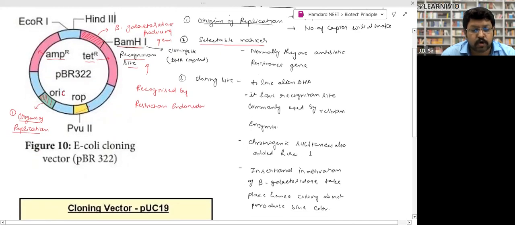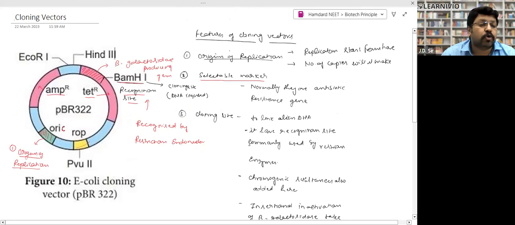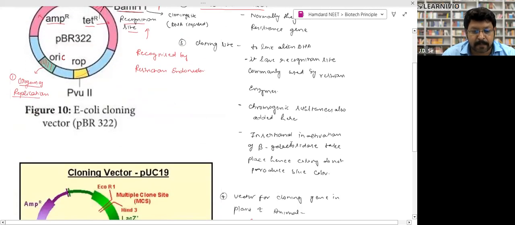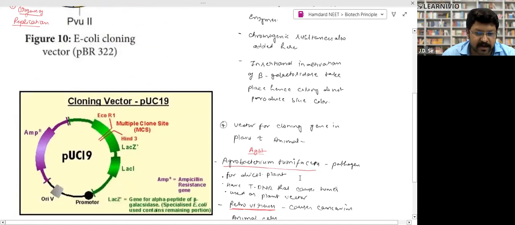We use chromogenic genes, which produce chromogenic substances, as a marker. Insertional inactivation of beta galactosidase takes place, hence the cloning bacteria do not produce the blue color in ultraviolet rays.